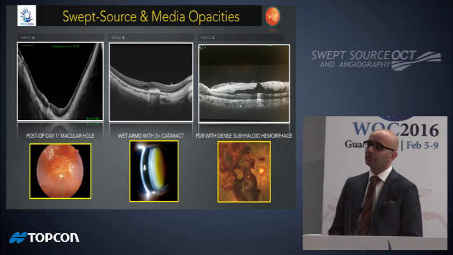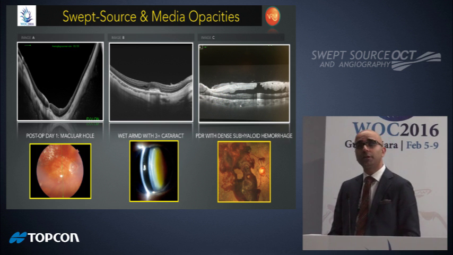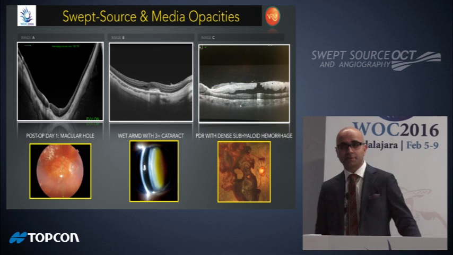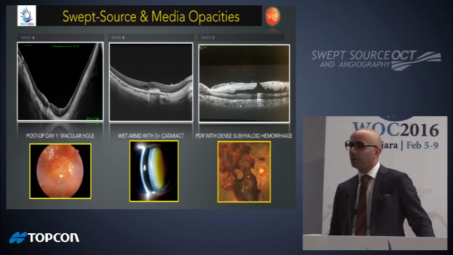Here's a patient with wet AMD with 3+ cataract. Again, very clear view through hazy media, but very clear view of the retinal architecture and the CNVM. And finally, on Thursday before I left for this meeting, we saw a patient with this massive subhyaloid and diffuse hemorrhagic presentation of PDR. And again, another great example of penetrating through blood.